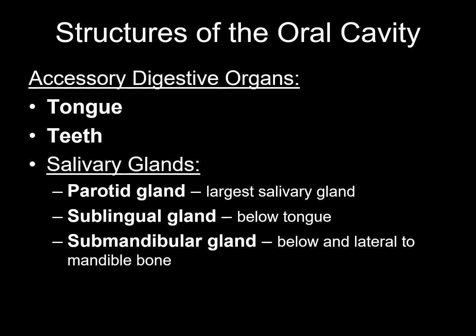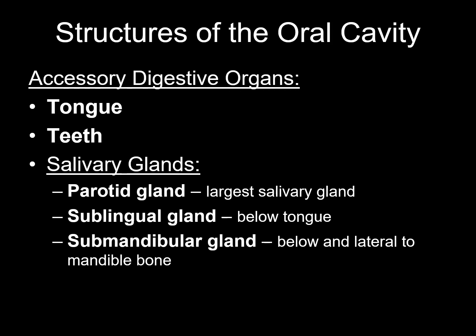Then we also have some glands. These are not directly in the oral cavity, but they're around the oral cavity, and they have tubes that go into the oral cavity. So we have salivary glands with salivary ducts, or tubes, that allow the saliva to get into the mouth. We have three main salivary glands, and we've talked a little bit about the innervation of the salivary glands when we were talking about the cranial nerves.